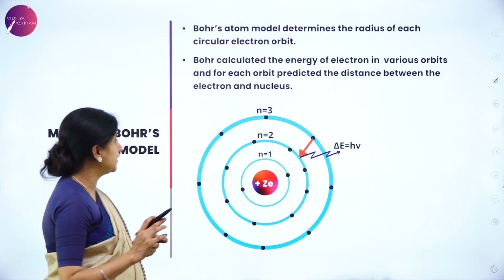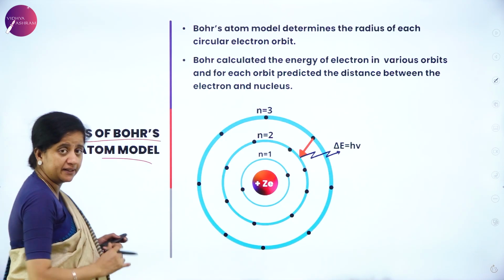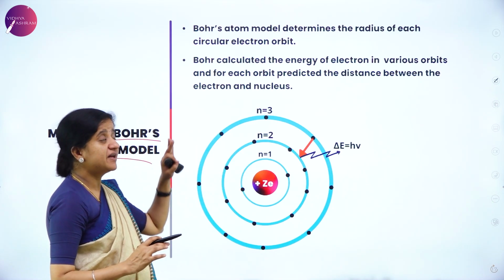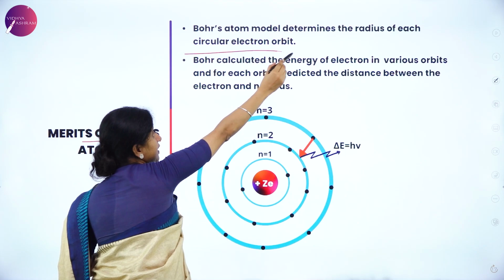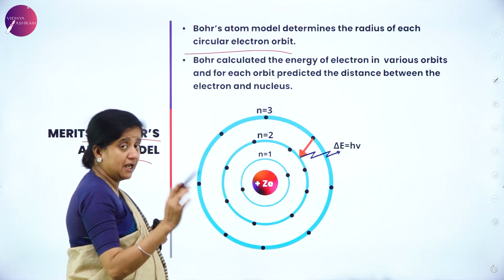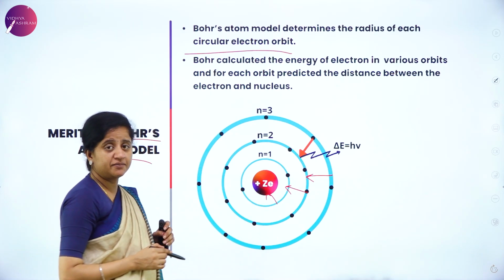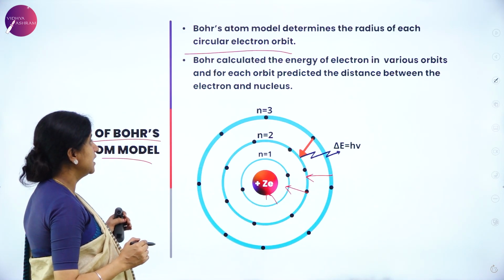Let us now see what the merits of Bohr's atom model are. Bohr's atom model determines the radius of each circular electron orbit. So it helped us to understand the radius of each circular electron orbit. That is one of the advantages of Bohr's atomic model.